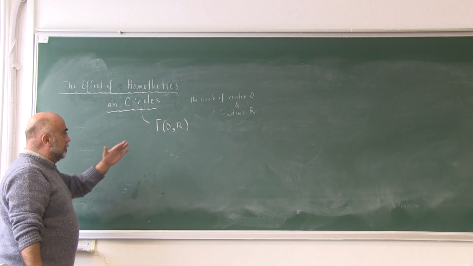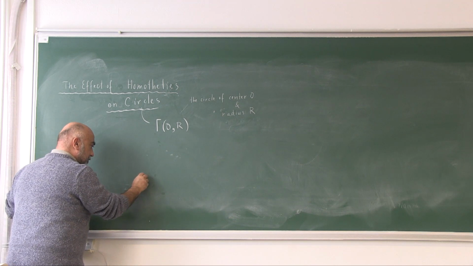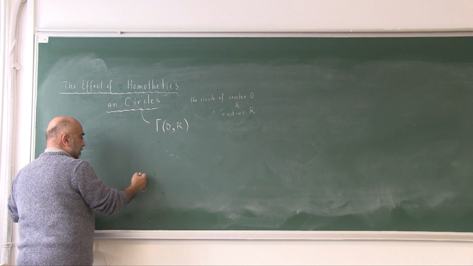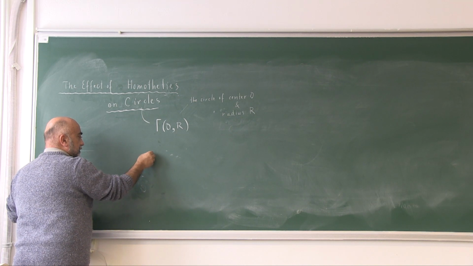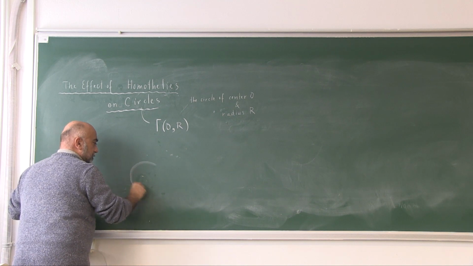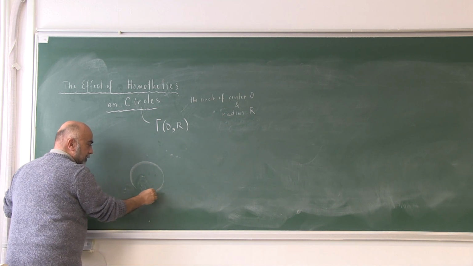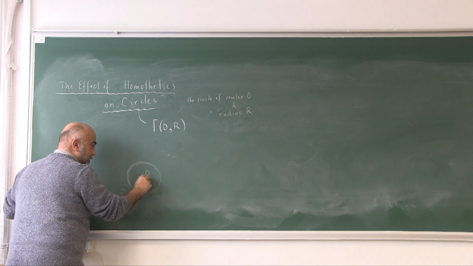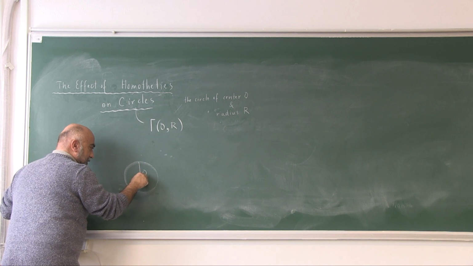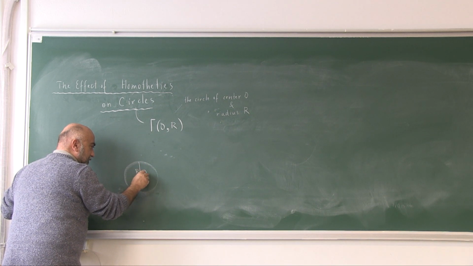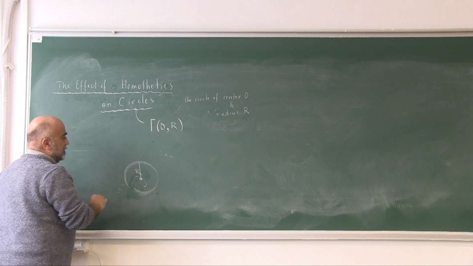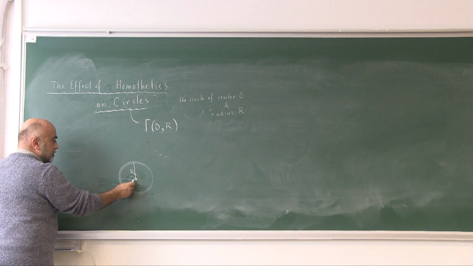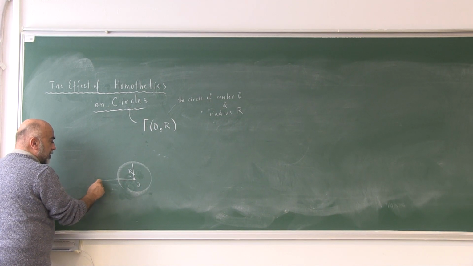So what happens to a circle with center O and radius R? Let me first draw my circle. Here's my circle with center O and radius R. And I will take a point P somewhere.